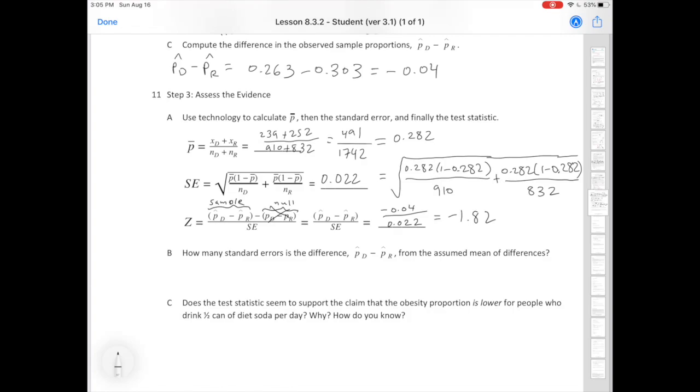So I'll say PD hat minus PR hat is 1.82 standard errors below the mean. Why is it below the mean? Well, remember, when a z-score is negative, that tells you that we are that many standard deviations below the mean. If it were positive 1.82, then that would mean that it's 1.82 standard deviations above the mean.